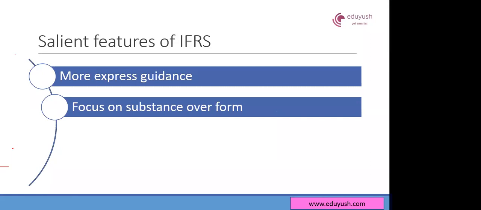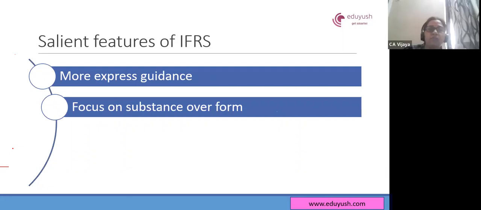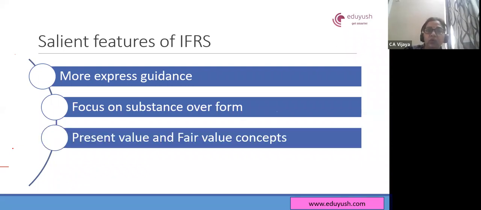We always talk about it. From the 11th standard, the very first topics that we studied was substance over form. At that time, we would have had a brief idea of things, but IFRS follows it very deeply. So I will show you one or two examples of how IFRS goes in depth into the concept of substance over form. Next is, IFRS extensively uses present values and fair values while accounting transactions.